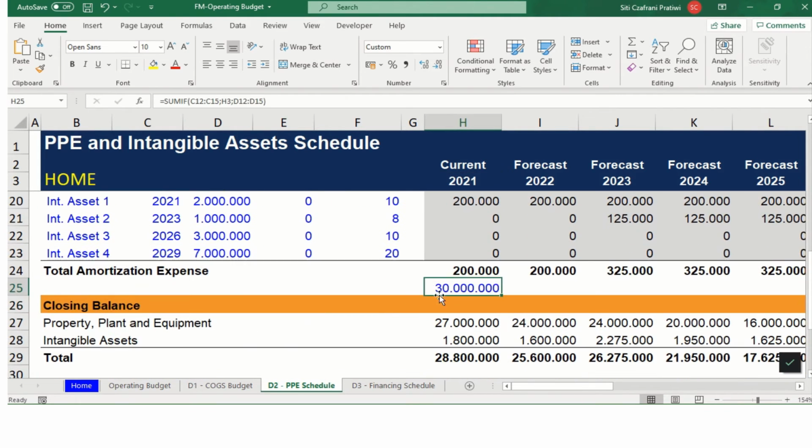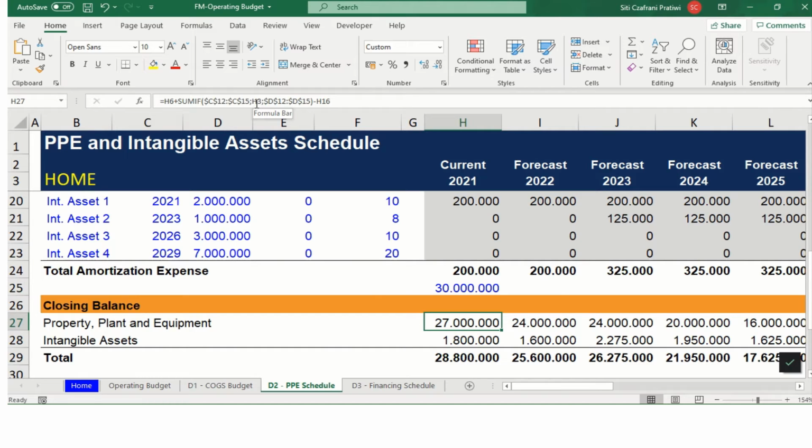Okay, so actually basically the SUMIF function here states whether in that specific forecasted year there is any additional asset acquisition.